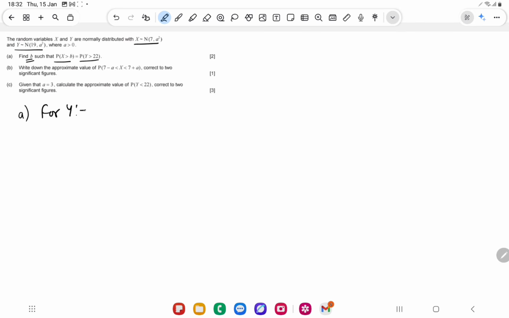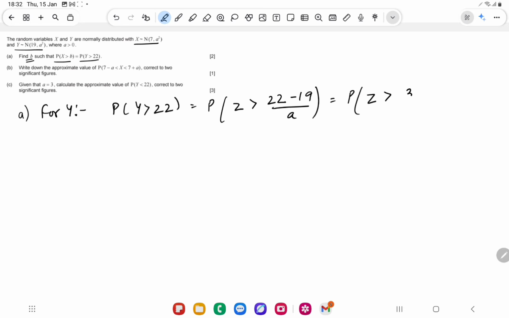First I will do it for y. For y, probability of y greater than 22 means probability of z greater than (22 minus 19) by a, that I can write again as greater than 3 by a.